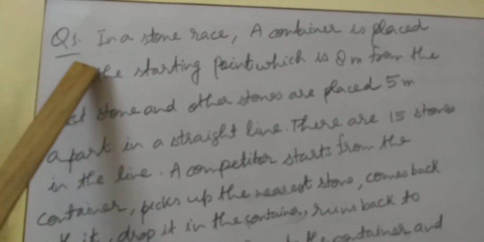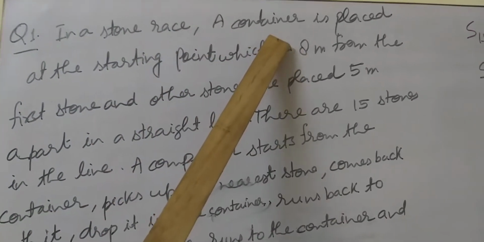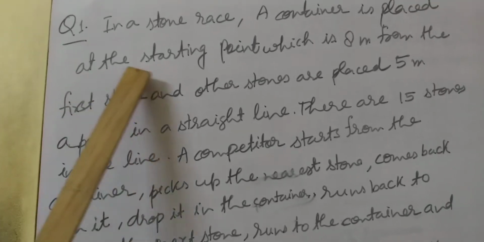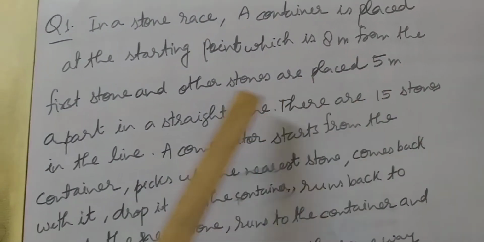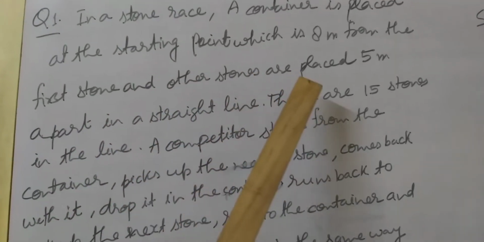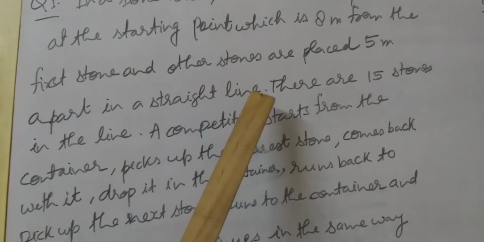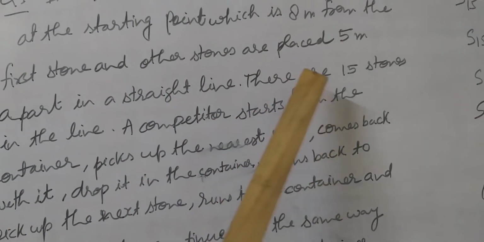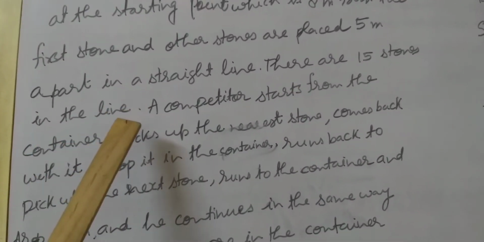Question number 1. In a stone race, a container is placed at the starting point, which is 8 meters from the first stone, and other stones are placed 5 meters apart in a straight line. There are 15 stones in the line.